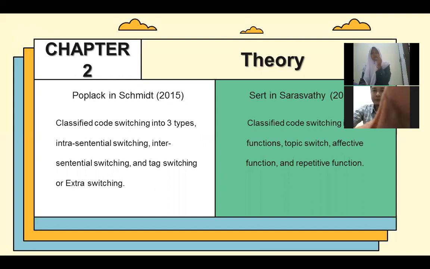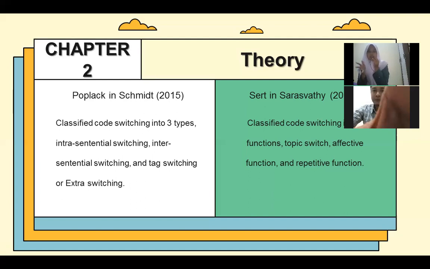For example, the sentence like "ada beberapa yang sudah get additional score like Dinda and the others like that." And in intersentential switching, code switching occurs when the speaker or teacher, after completing a sentence in one language, then switches to another language in the next sentence.